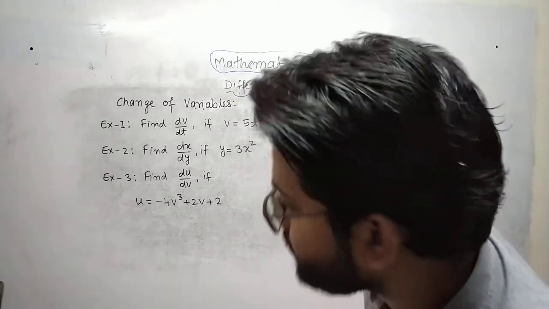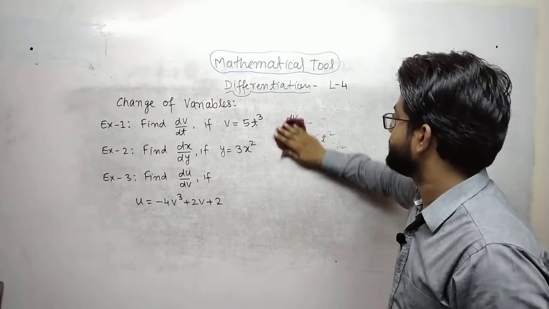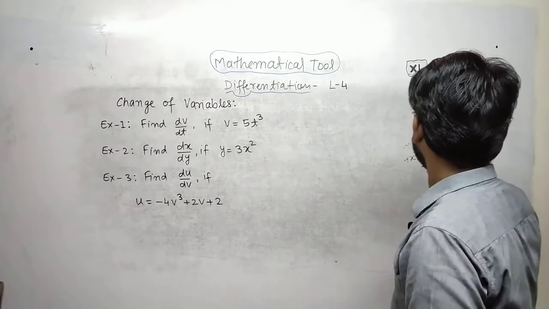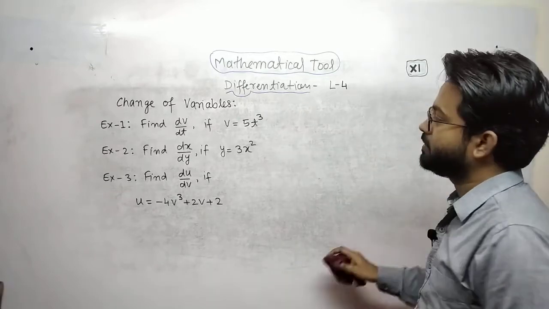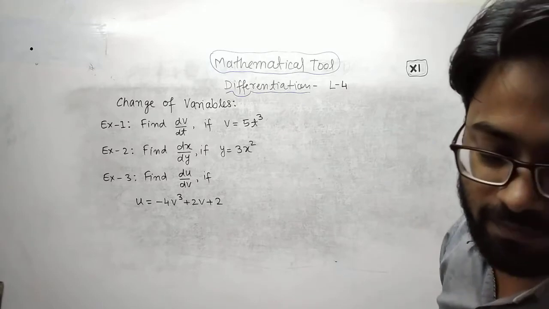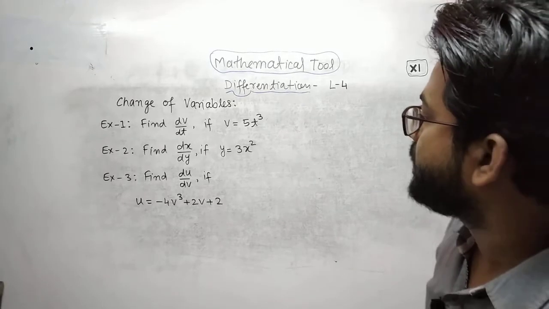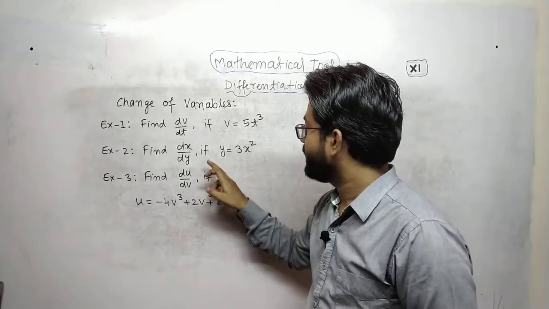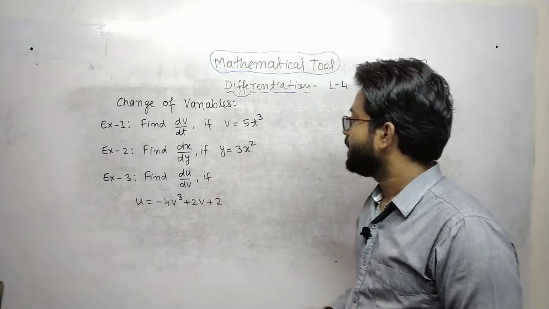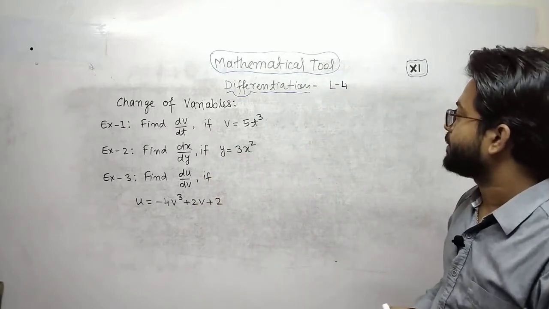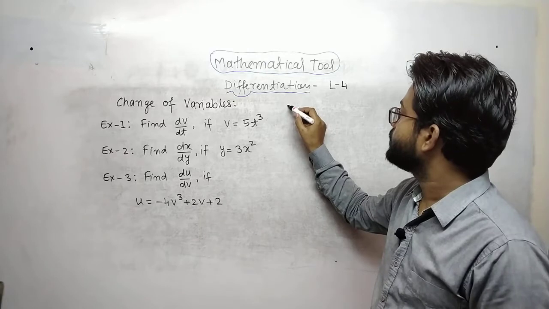Next example, that is example number 2. Example number 2 is find dx upon dy, not dy upon dx, if y equals 3x square. This has two methods.